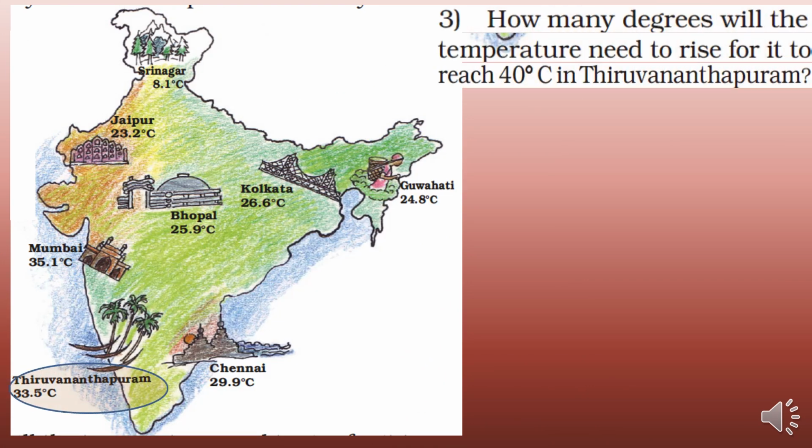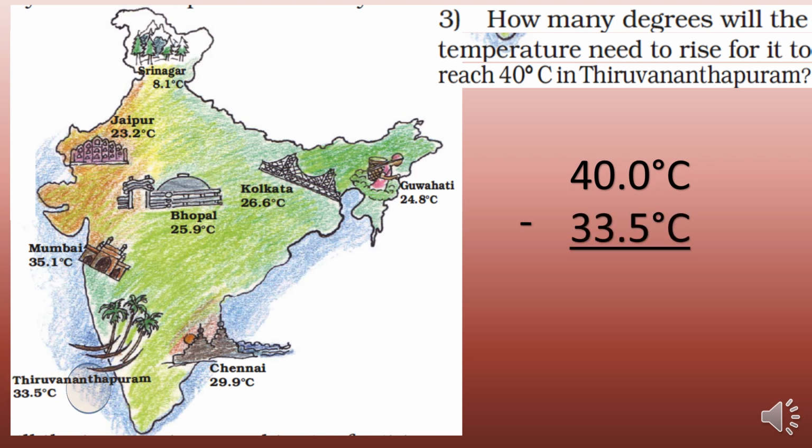How many degrees will the temperature need to rise for it to reach 40 degrees Celsius in Thiruvananthapuram? So here in Thiruvananthapuram you can see that the temperature is 33.5 degrees Celsius. So how many degrees will the temperature need to rise? We have to find out. So we will subtract 33.5 degrees from 40 degrees Celsius.